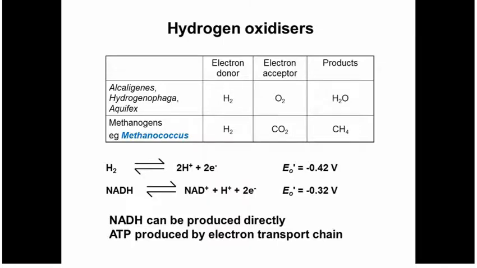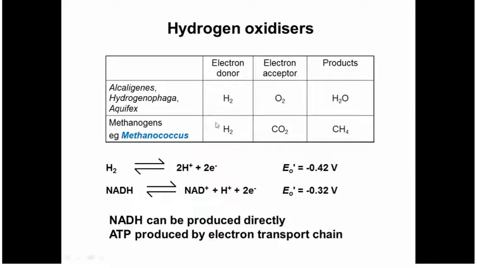So how do these organisms generate their metabolic energy? For hydrogen oxidizers, there are aerobic hydrogen oxidizers, like Alcaligenes, Hydrogenophaga and Aquifex. They eat hydrogen and make water. So the electron donor is hydrogen, the electron acceptor is oxygen, and it produces water. Methanogens are also hydrogen oxidizers.